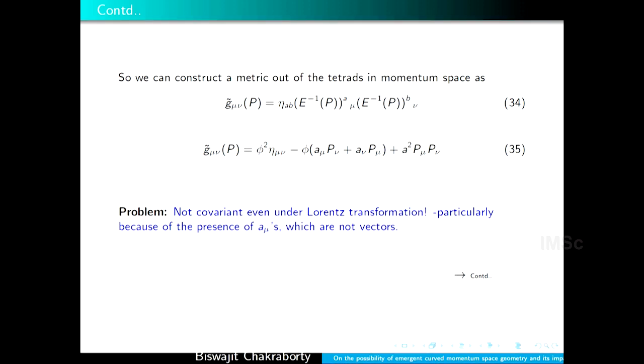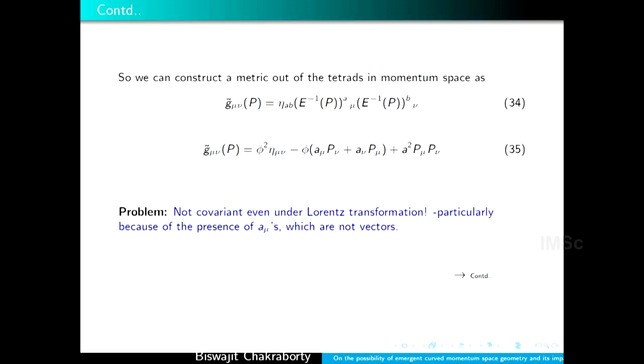But the problem is that, forget about covariance under diffeomorphism, it is not even covariant under Lorentz transformations, because as I declared at the outset, these A mu's are actually scalars. So the only way out to make sense of it that we found is to take all these P mu's to be related by Lorentz transformations, so they are referred to some inertial frames you can think of.